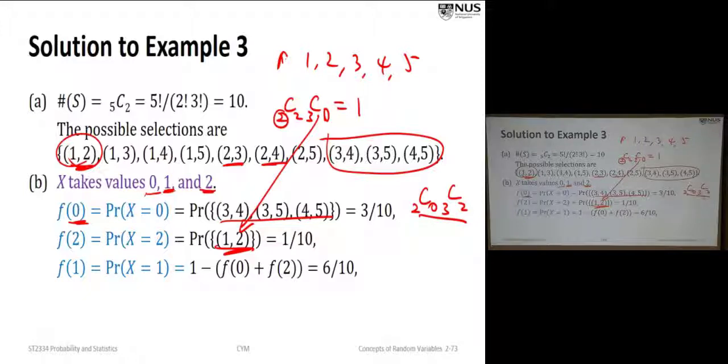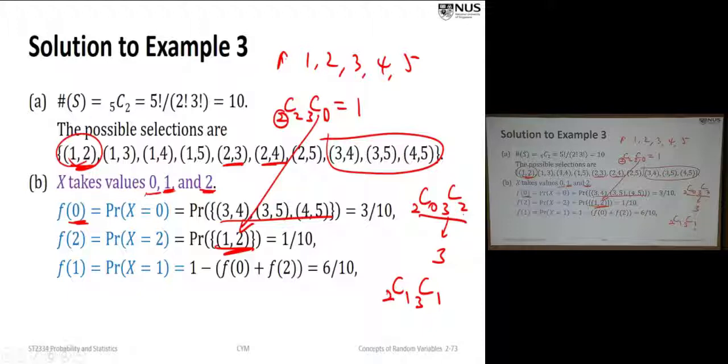Altogether there are 3 ways, so 3 over 10. So it's easier to work with 0 and 2. 1 is still okay: from the 2 defective ones you choose 1, and from the 3 non-defective ones you also choose 1. So altogether there are 6, so it's 6 over 10.